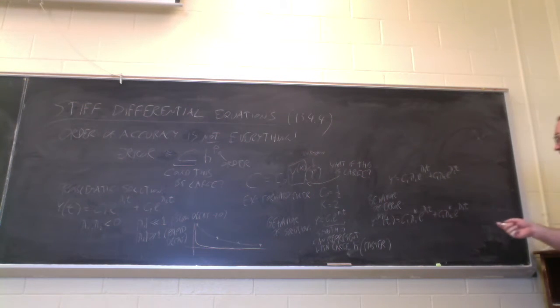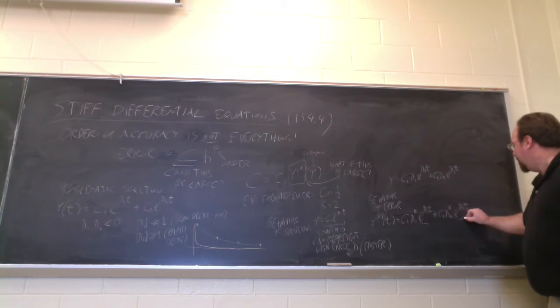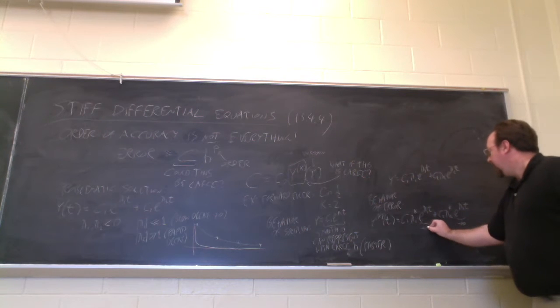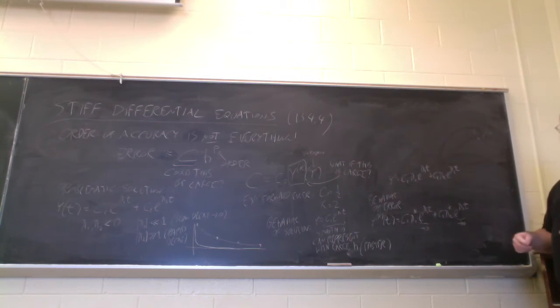Now, how does the behavior of this derivative differ from the behavior of the solution? What is the dominant part now? The second term, because even though both of these are going to 0, lambda 2 to the k is now bigger. Eventually the whole derivative will still die out, but it takes a lot longer.